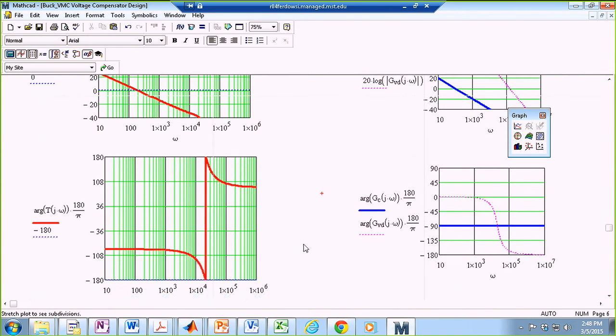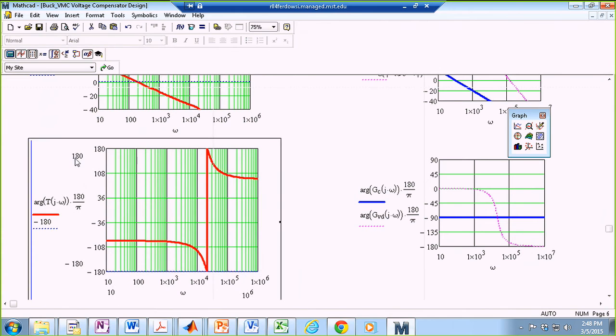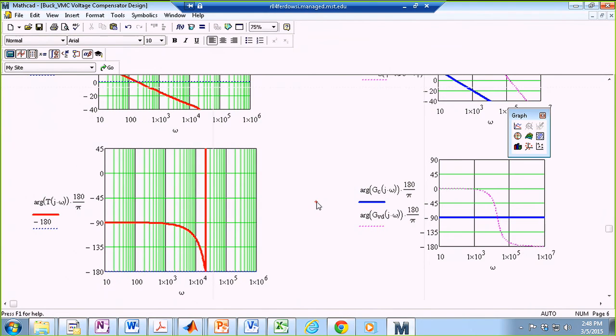So what you got to keep in mind is this part of the graph should be drawn over here for my Bode plot to be accurate, but MathCAD doesn't really do a good job. So let's go back to 45. And we don't care about anything that is below 180 degrees anyway, because the system is going to be unstable, so we should be avoiding it anyway.